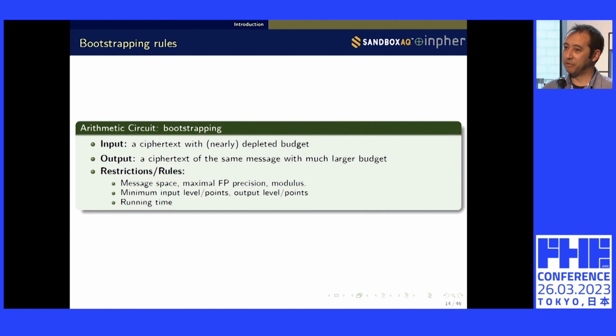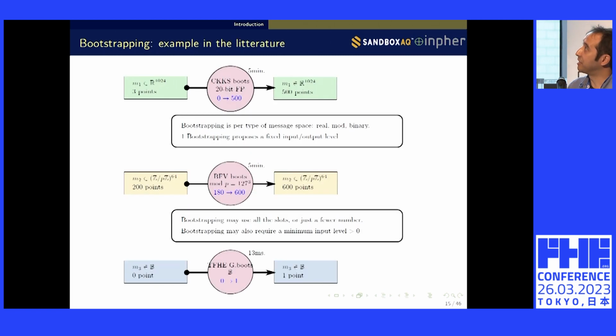And the notion of point can also be applied to bootstrapping. We can take all the different bootstrappings in the literature and each time translate it into what it gives in terms of plaintext space and what the requirements are in terms of noise. Some bootstrapping can take a level 0 ciphertext and just raise a number of points.